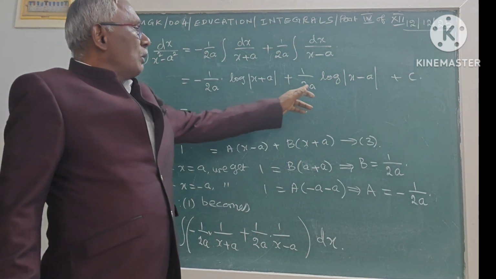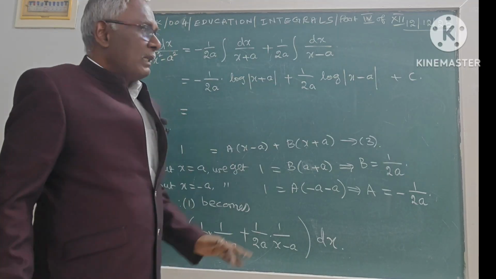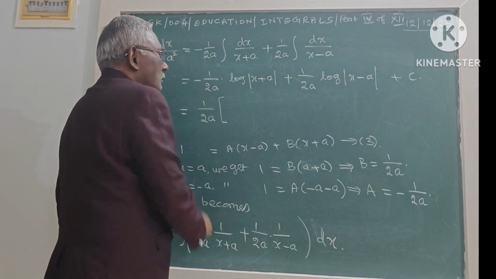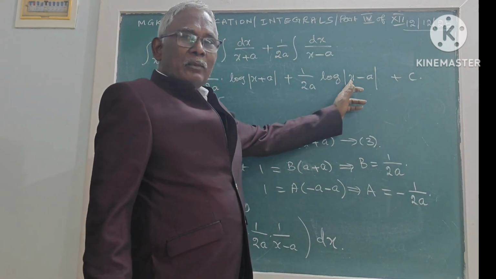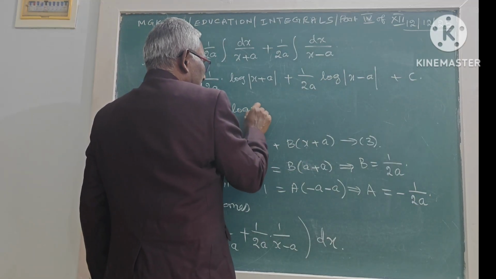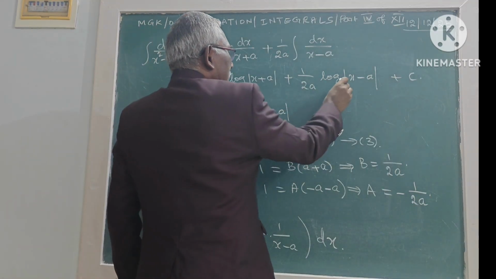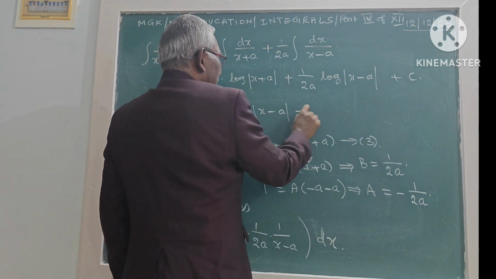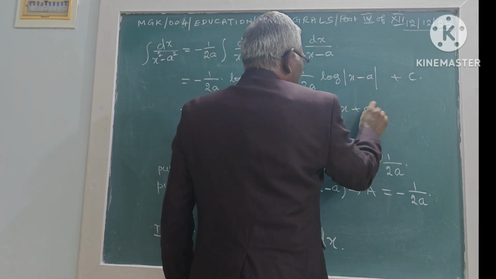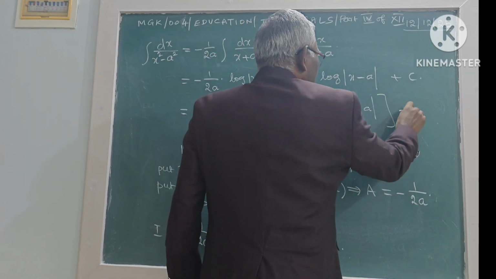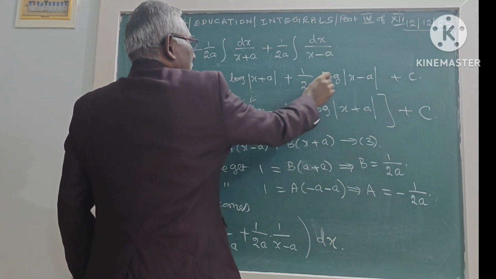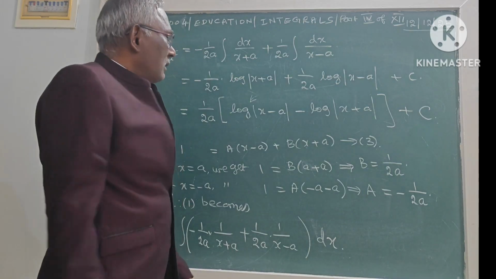Now we can take 1 by 2a commonly outside. Then I'll write first log of x minus a, and this term comes here, minus log of x plus a. This goes minus.